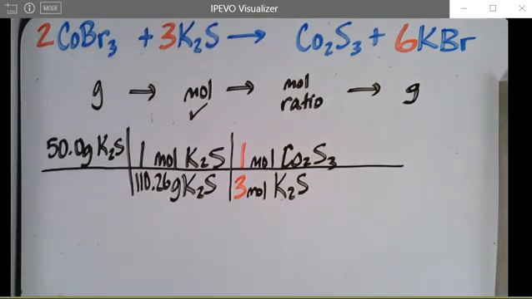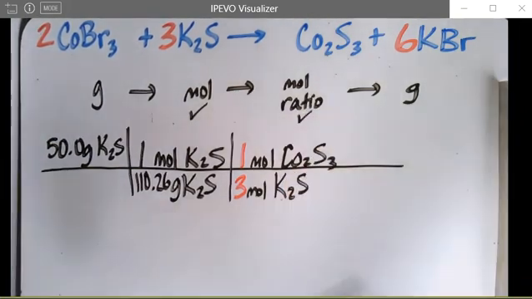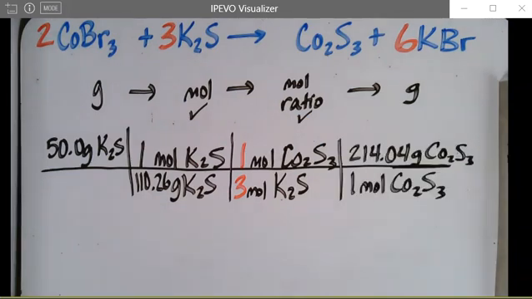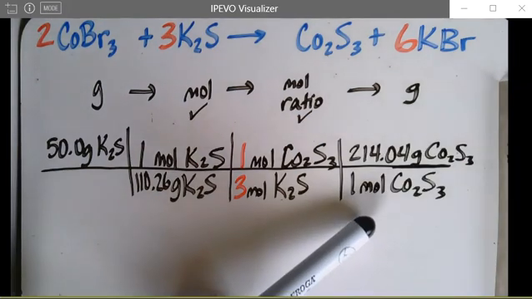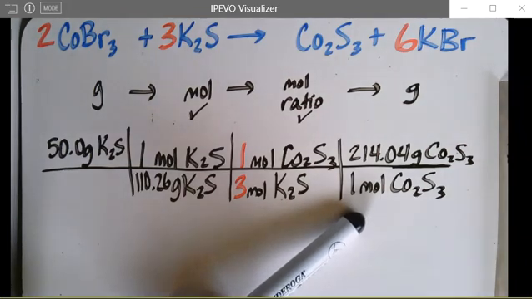Finally, now that we've converted to the moles of the desired product, we're going to convert to grams. So go ahead and set up your mole to gram conversion there. Did you notice how we had calculated this already in part A? So hopefully you were able to plug in the correct value for the molar mass of cobalt-3 sulfide.